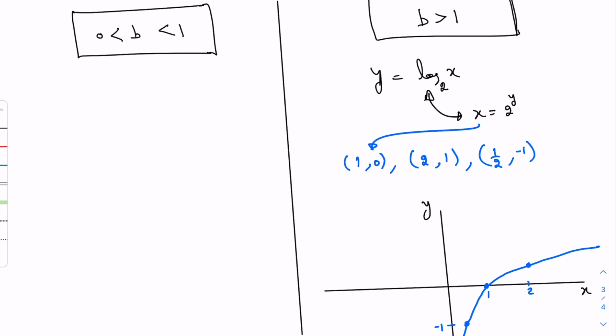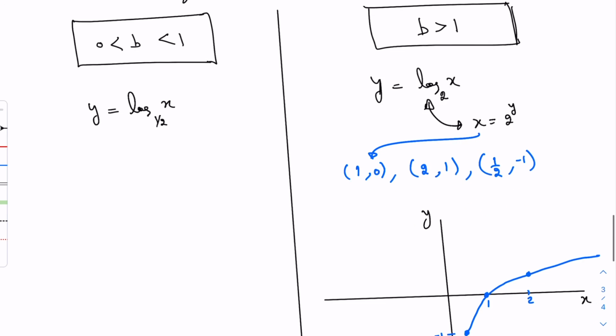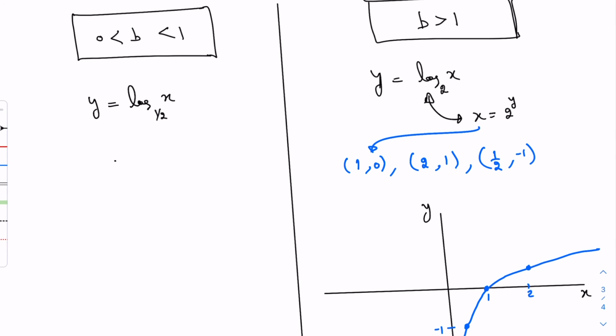On the other side, let me take half as the base for this example, for a decreasing family. Again, since we are not familiar with properties of logs, we are just introducing it, so I will convert it into the corresponding exponential format. So our x is going to be half power y.